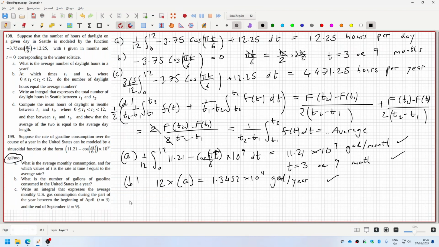Okay. And finally, C. Write an integral that expresses the average monthly US gas consumption during the part of the year that begins with. Okay, so that's just 1 over 9 minus 3, integral from 3 to 9, of 11.21 minus cos pi t over 6. We'll take the 10 to the 9 out.